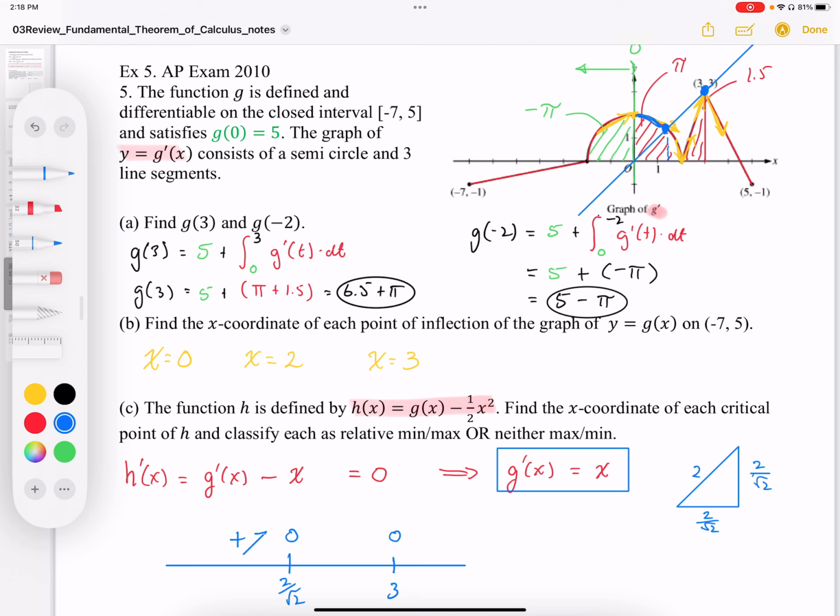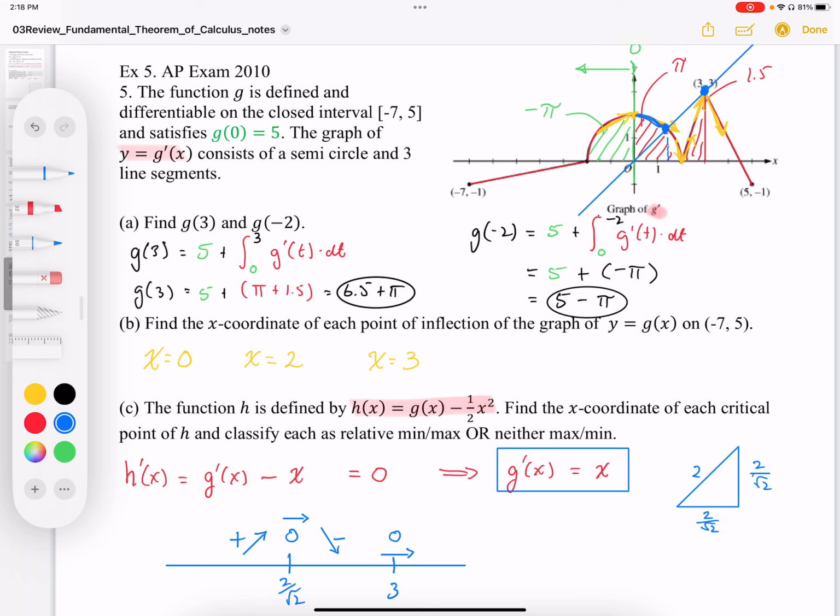So it's going to be pointing up here. Between pi over 2 and 3, the red graph is going to be below the blue line, which means that g prime is less than the x value. And so if that's the case, g prime minus x is going to be negative. So it's going to be sloping down like this.